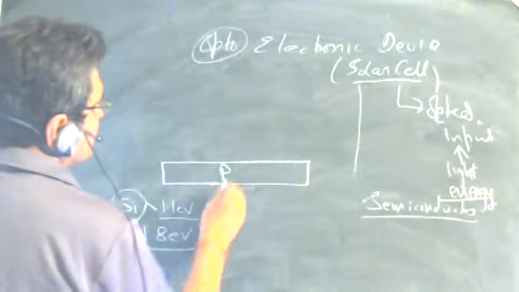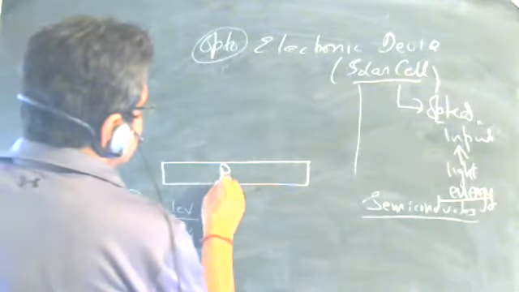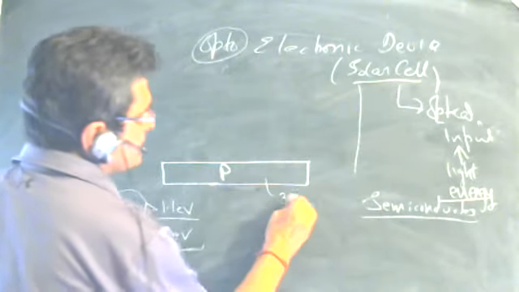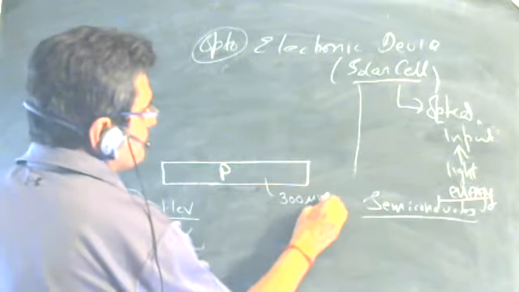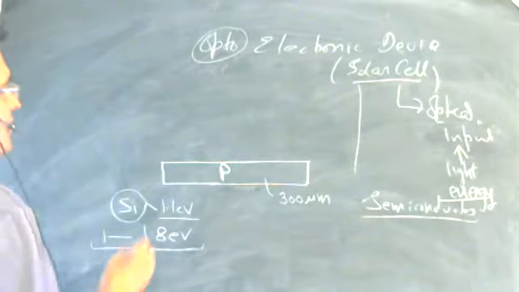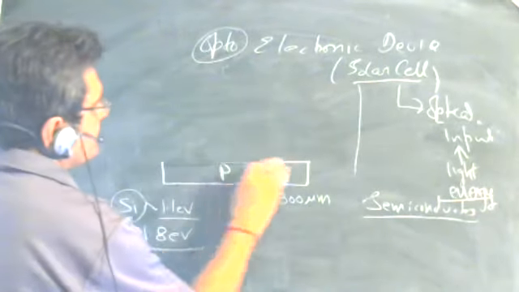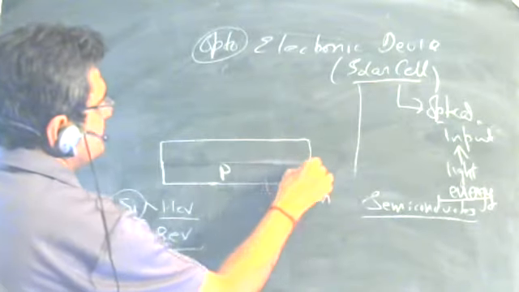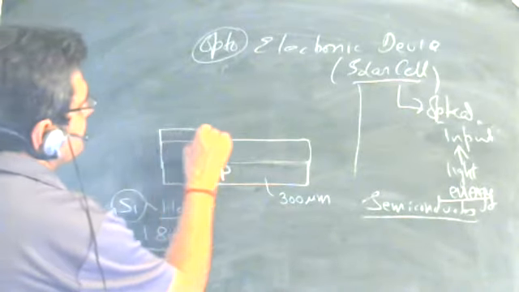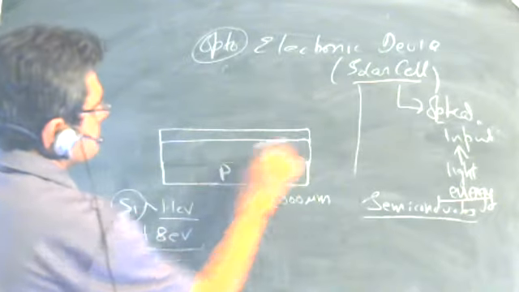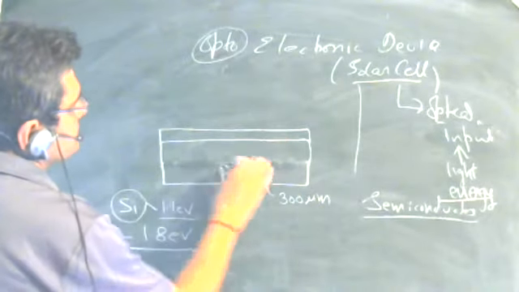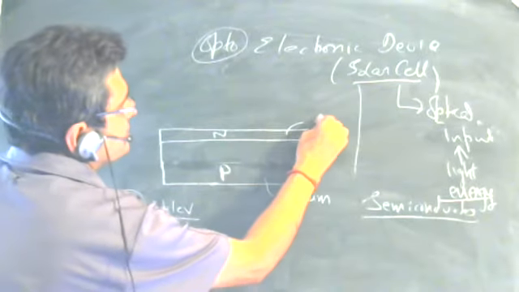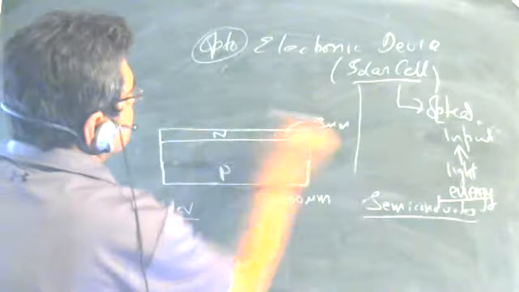I'll also come to that. So we take a P-type semiconductor having thickness of 300 μm. On this, as a slightly thinner layer, we have N-type semiconductor, say 0.3 μm thickness.